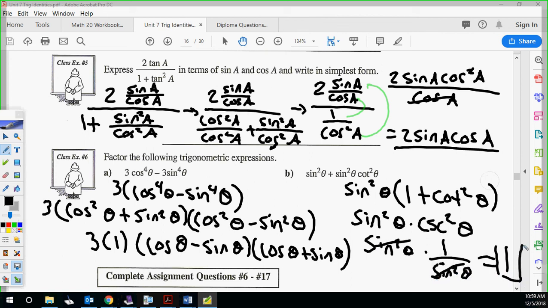Answer is 1. There you go, Phil. There's a pretty one to finish. Yep. So sine squared theta we pulled out. 1 plus cotangent squared theta is cosecant squared, which is 1 over sine squared theta. So they cancel because they're the reciprocal of each other. Right here? This is sine squared theta. Yeah. Okay. All right. So that's it.